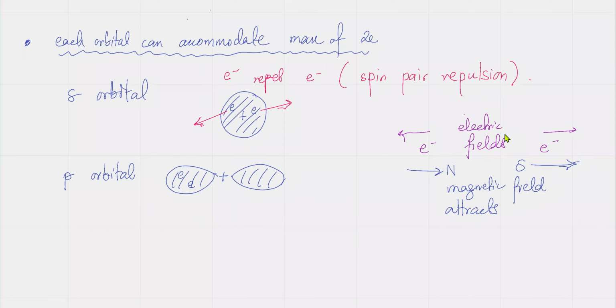So the force of repulsion of the electric fields gets cancelled out by the force of attraction of the magnetic field. Electric fields repel, but the magnetic fields attract. Which is why the two electrons are going to stay in the same orbital. The force of repulsion will get cancelled out. Do you get this point?